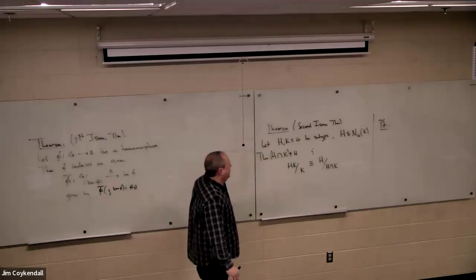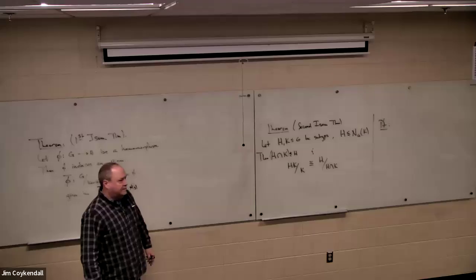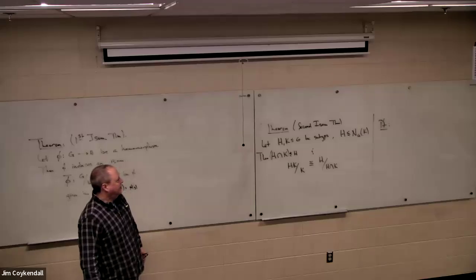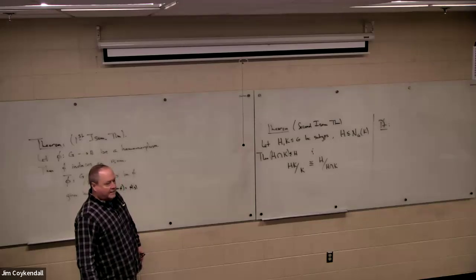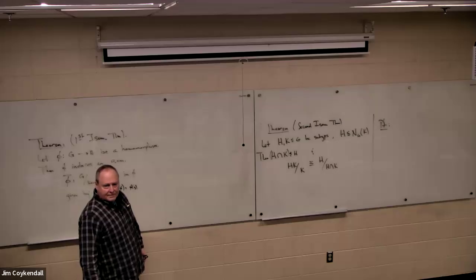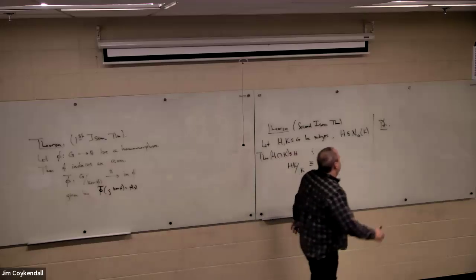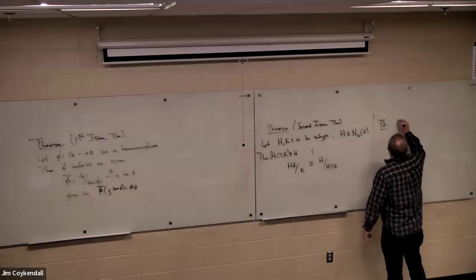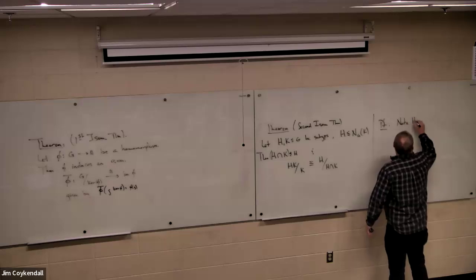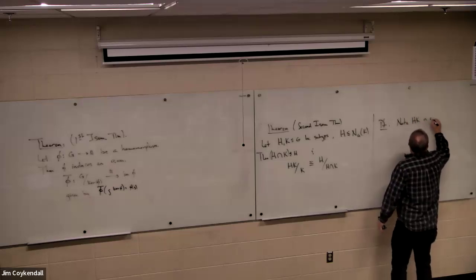Can somebody tell me what it is? K and the intersection are not empty. Okay, one thing to unpack is note HK is a subgroup.